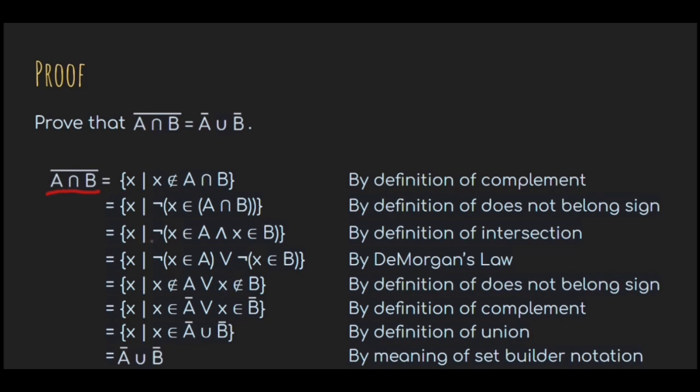Then we expand the negation using the definition of an intersection, which is the negation of x belongs to A and x belongs to B. If you look back at the definition of an intersection a couple slides back, it will make more sense why I wrote this. The mathematical definition was on the slide.